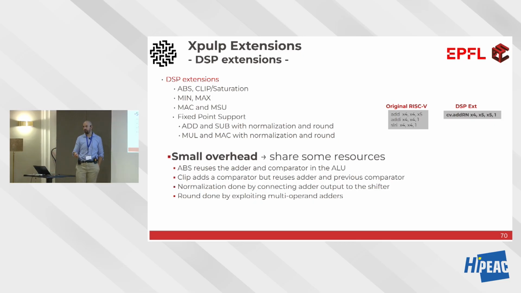So before adding it, you do the physical implementation, you check, and only then you decide whether to include this instruction or not, or if you want to include it in a single cycle or not.